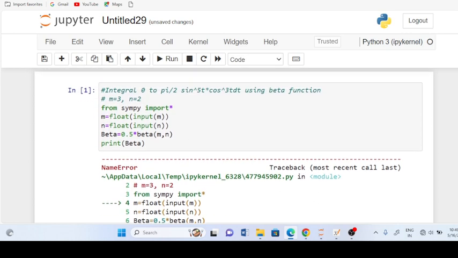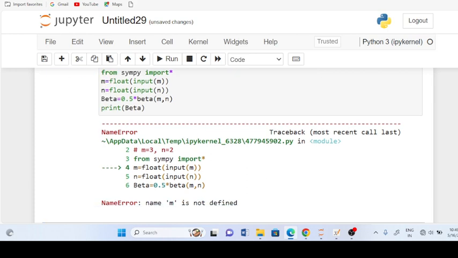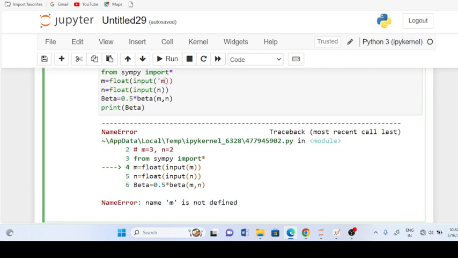M is not defined, so here we give the value of that one in quotation. Similarly here also. So here beta of 0.5 equal to beta into beta of m comma n.